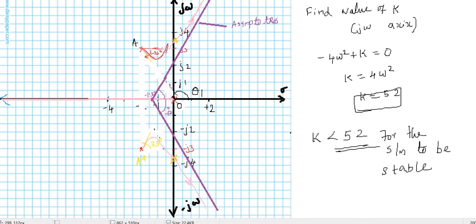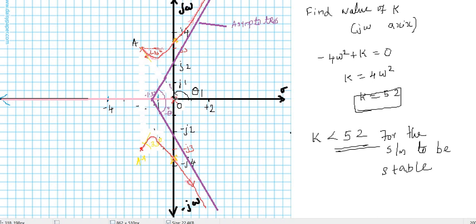This is meeting at the imaginary axis and it asymptotically goes to infinity, and here also it starts from A through the angle of departure, and after some point it has to go asymptotically to infinity, and the meeting point is 3.6j.